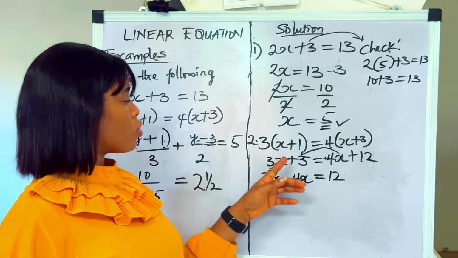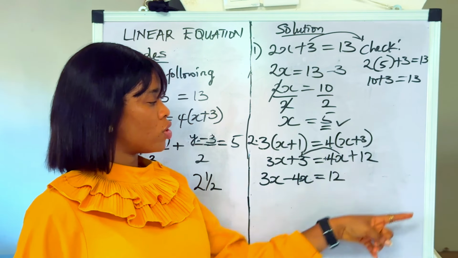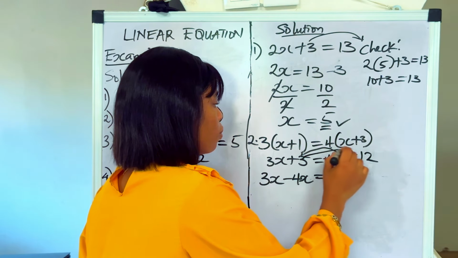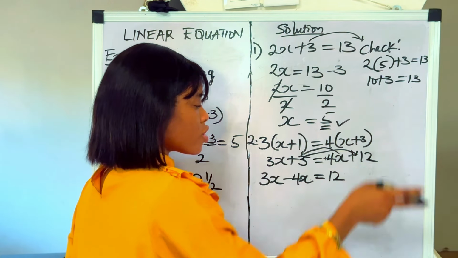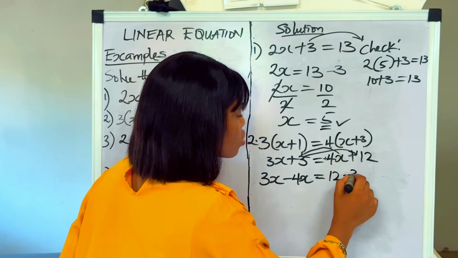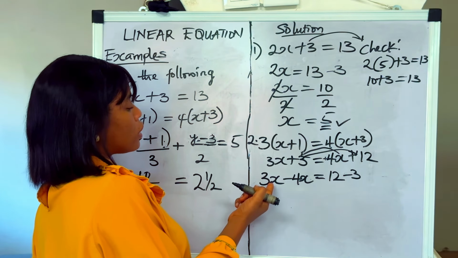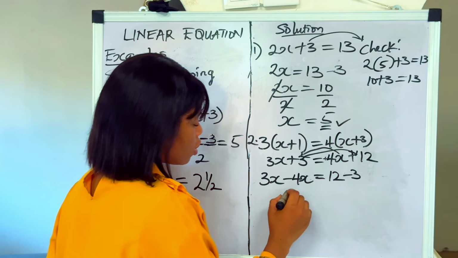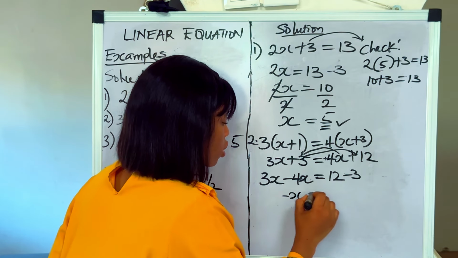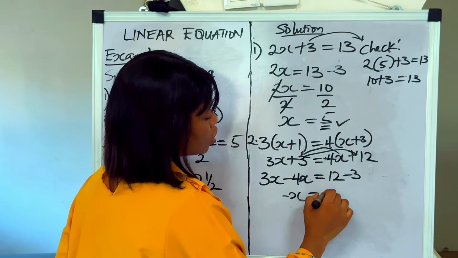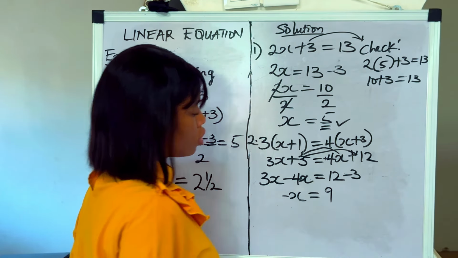Now we're also going to move plus 3 over to the other side. Crossing over becomes minus 3. Then we have 3x minus 4x gives us minus x equals 12 minus 3 gives us 9.